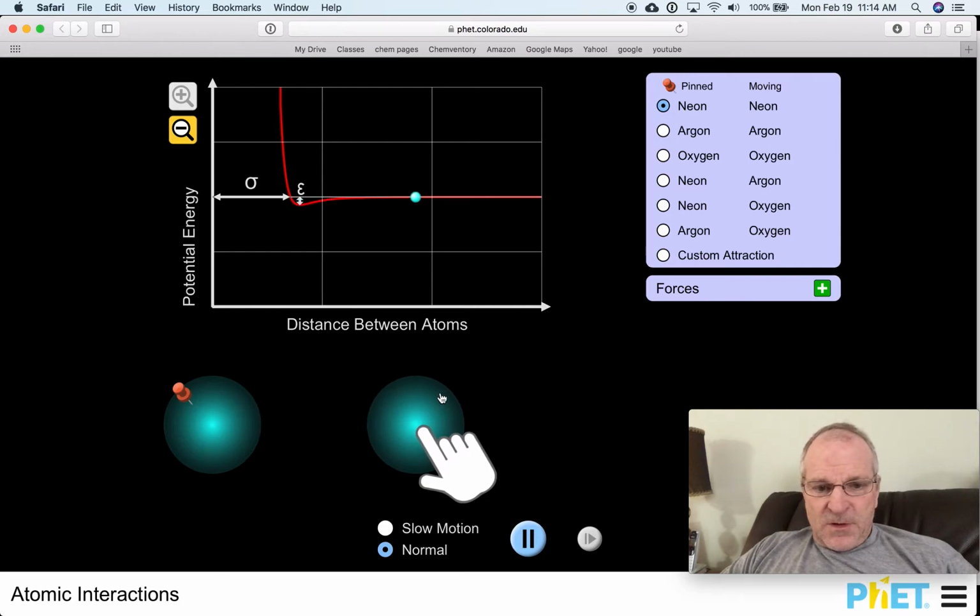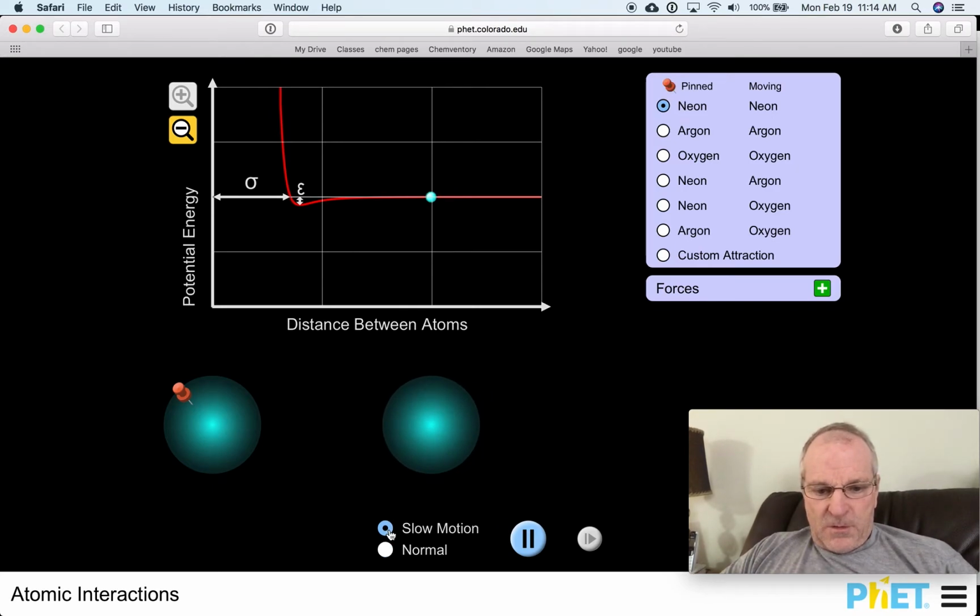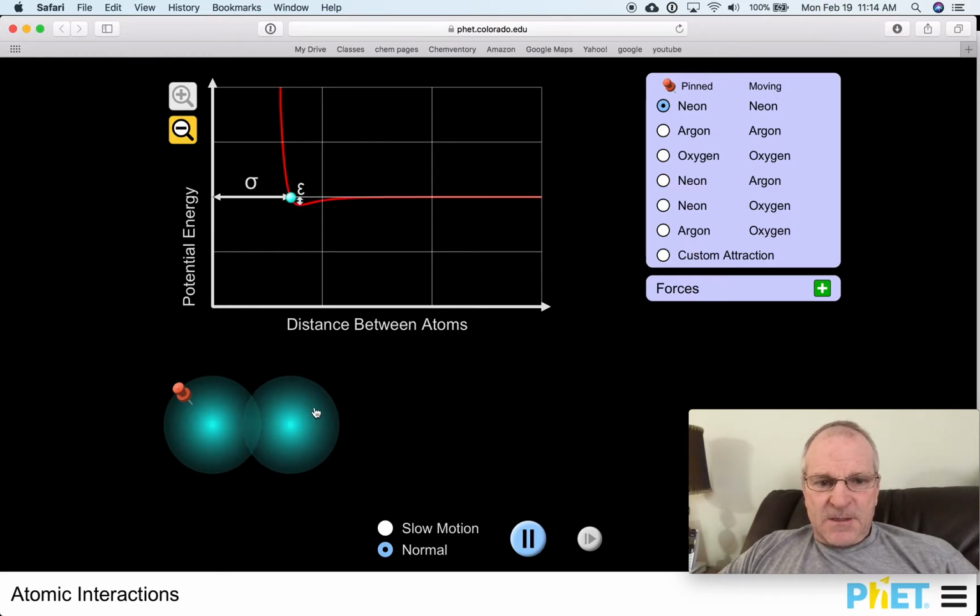So we can take this atom and let it go. This is a neon atom, and it's supposed to move. Do something. Fine then.